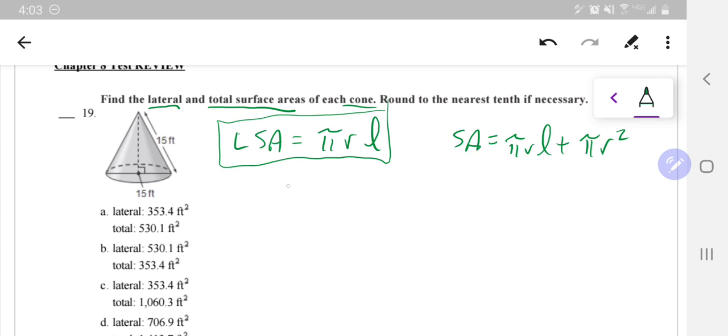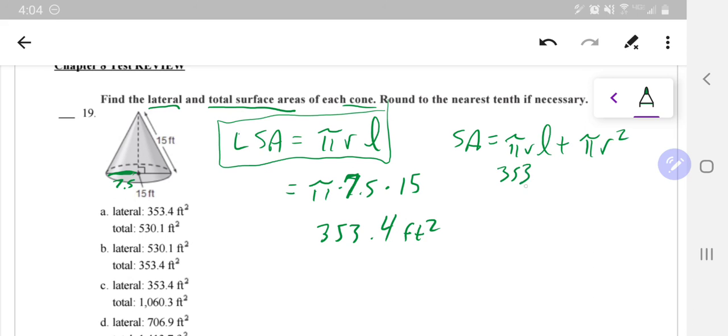Okay, let's do this. Almost done. Pi times the radius. Ooh, they give us the diameter, so the radius is going to be 7.5. The slant height is 15. All right, so the lateral surface area comes to 353.4. That's going to be feet squared. And then our whole surface area, well, we already know that this part is 353.4.